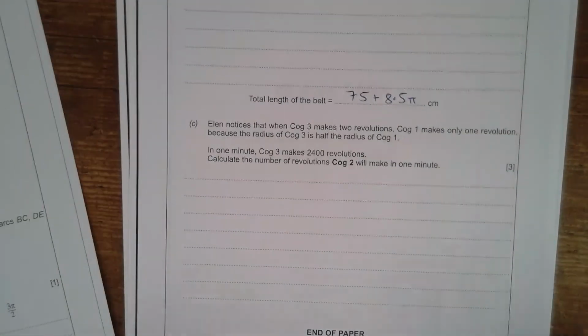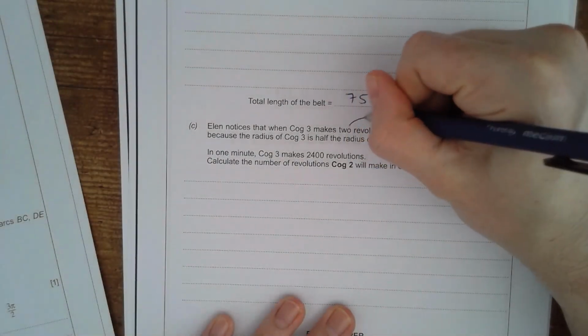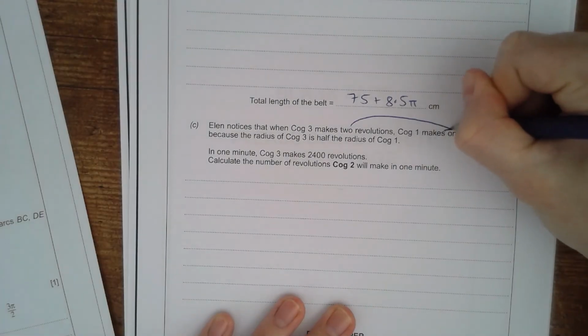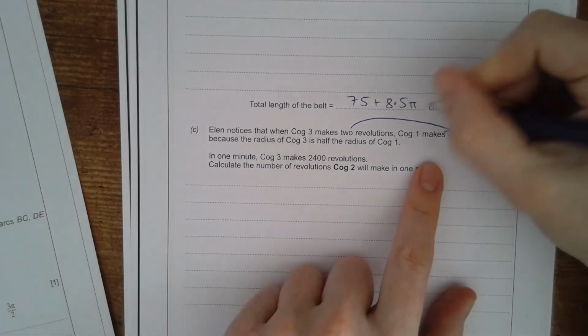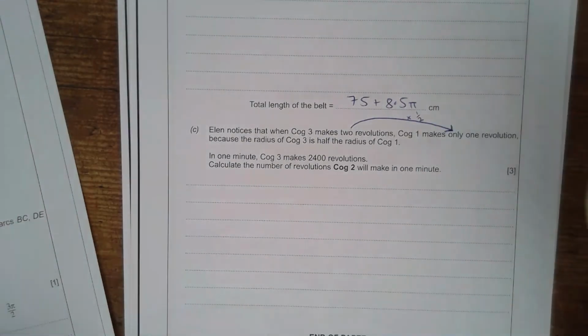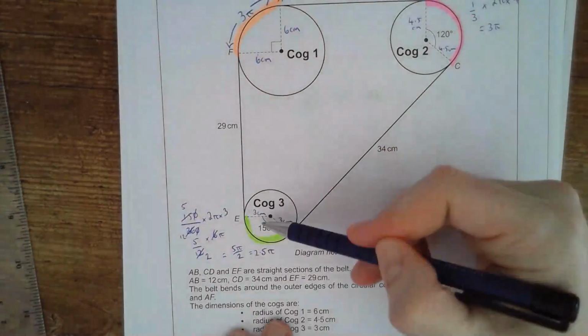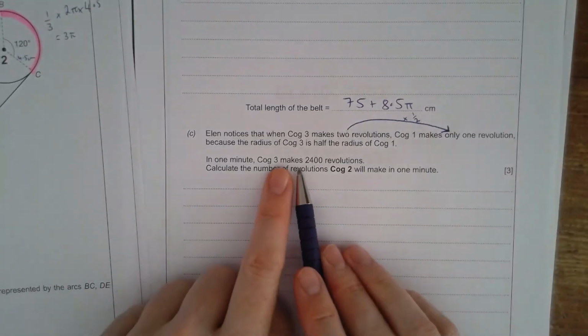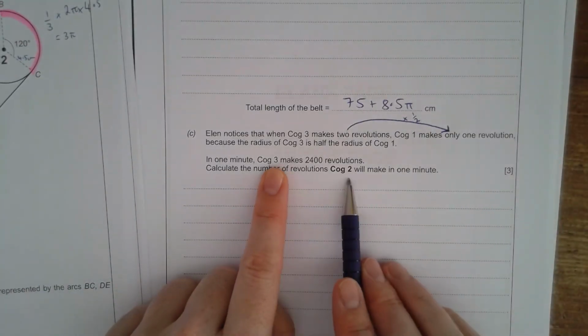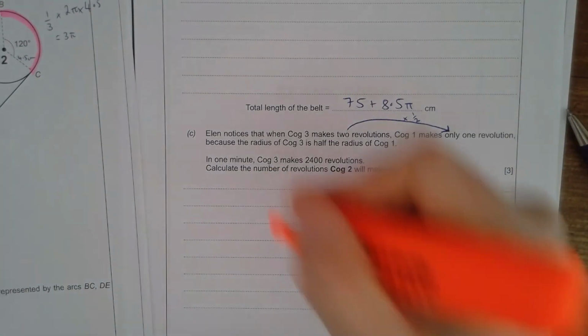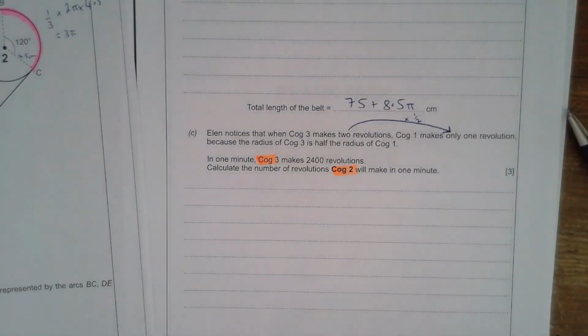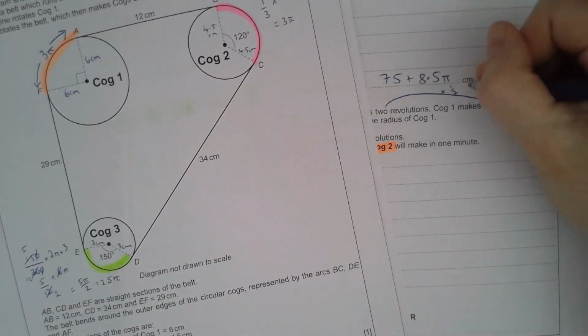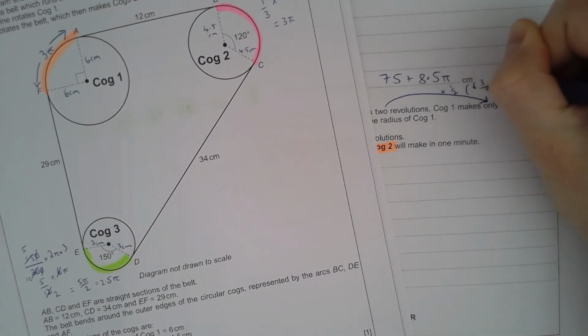Okay? So what I'm going to say here, cog 3, to work out how many revolutions cog 1 will make, I will times it by a half, because 3 divided by 6 is a half. We're then working with cog 3 again, but this time we're going to cog 2. Now, it's a little bit hard to spot the ratio here. That half was 3 divided by 6.